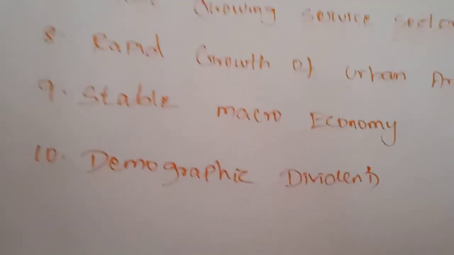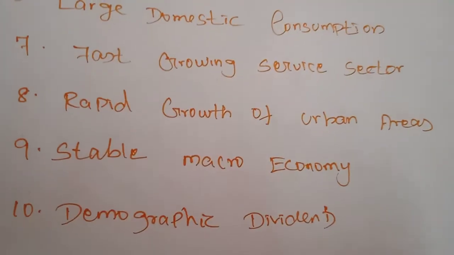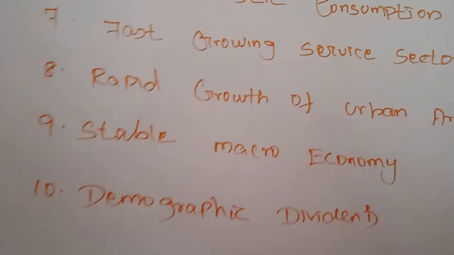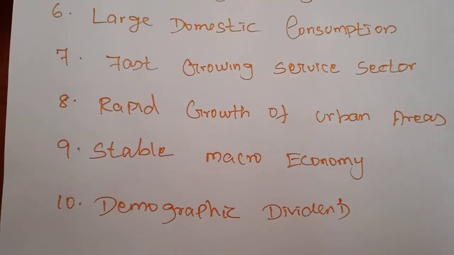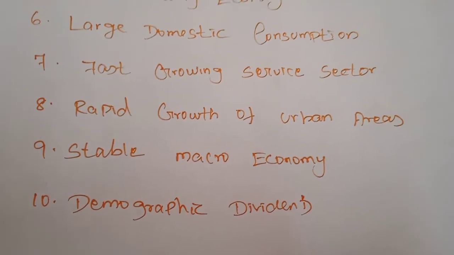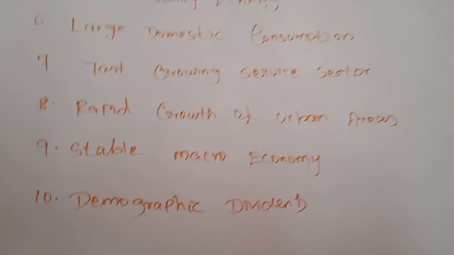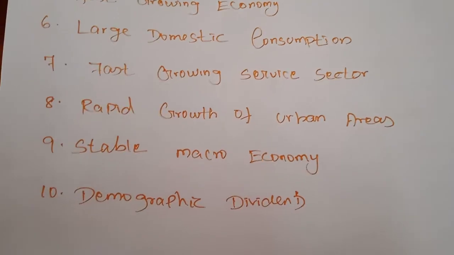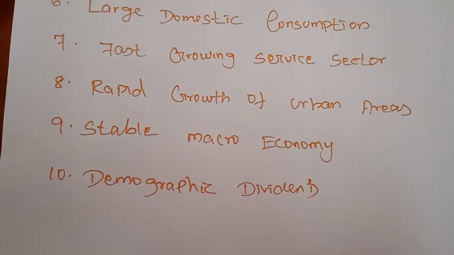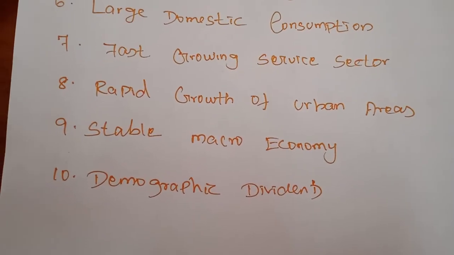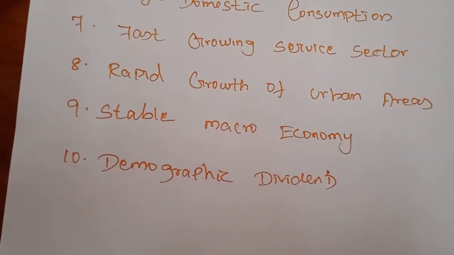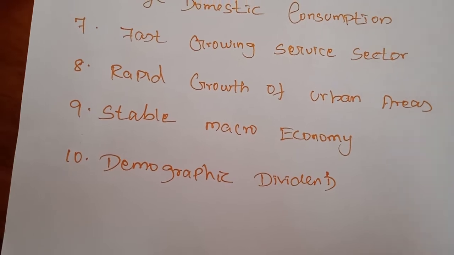Next, rapid growth of urban areas. Urbanization is a key ingredient of the growth of any economy, because human resource is very important to increasing the supply of commodities and the production process. Most people are coming from rural areas to urban areas, which also increases the production capacity and productivity of workers. There has been a rapid growth of urban areas in India after independence.